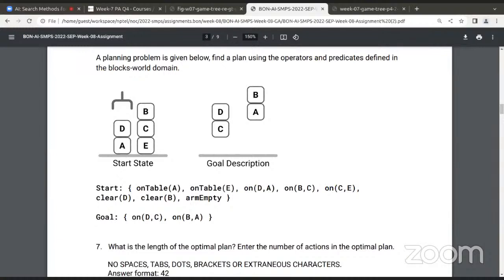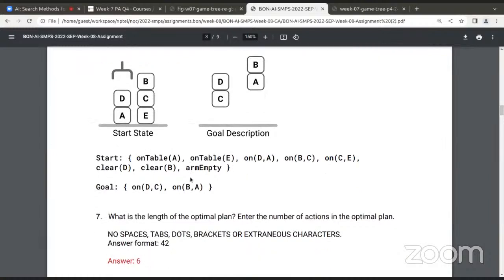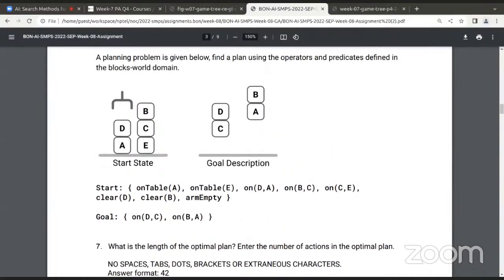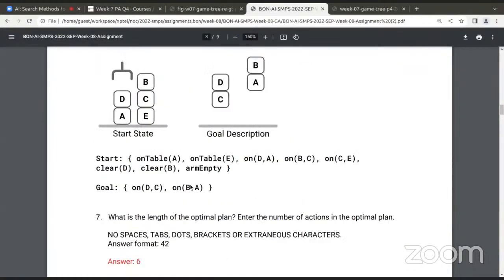So it means partial order planning should be able to figure out this plan. In that case, pick up D is a valid move here.